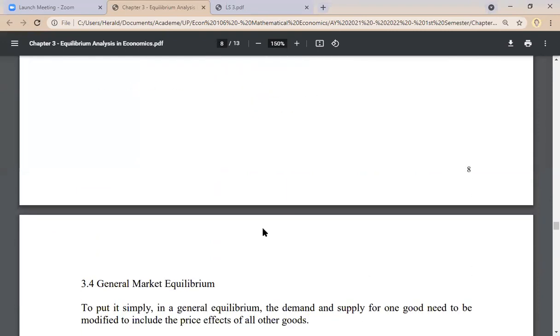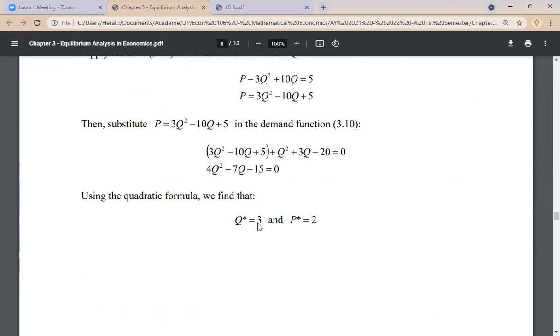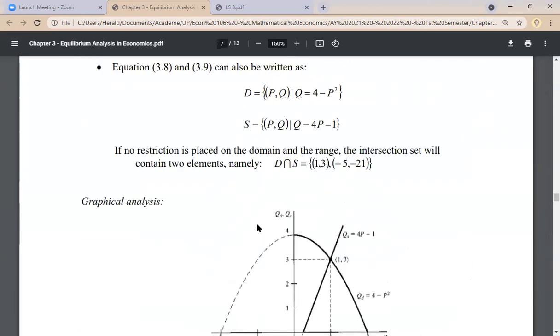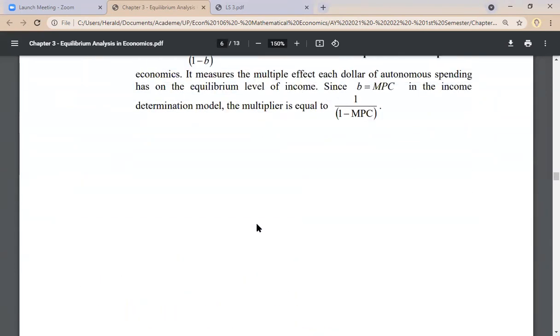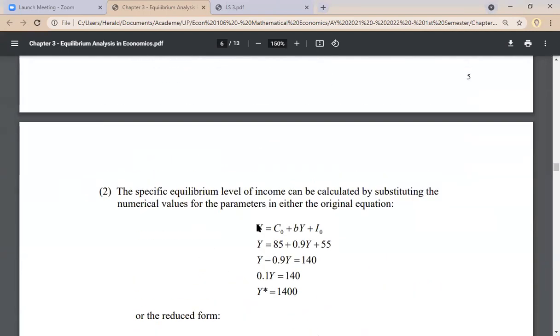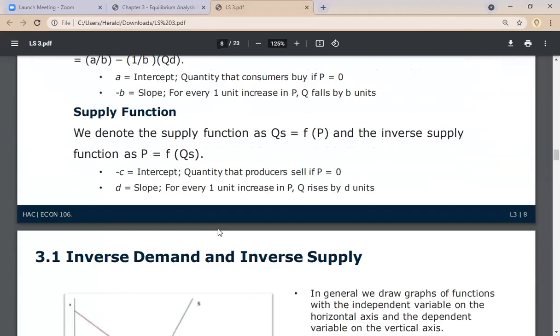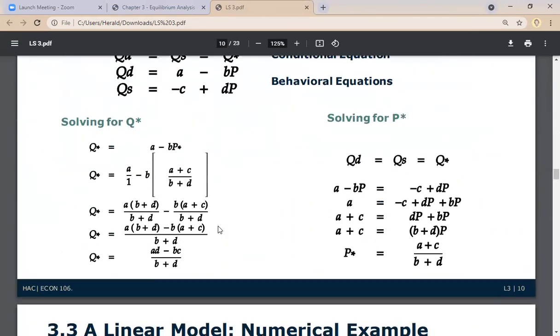But the general market is more on the interdependencies, because we will be establishing whether these goods are complementary or substitute goods. But before we go to that, do we have questions about the partial market equilibrium? Maybe we forgot something.